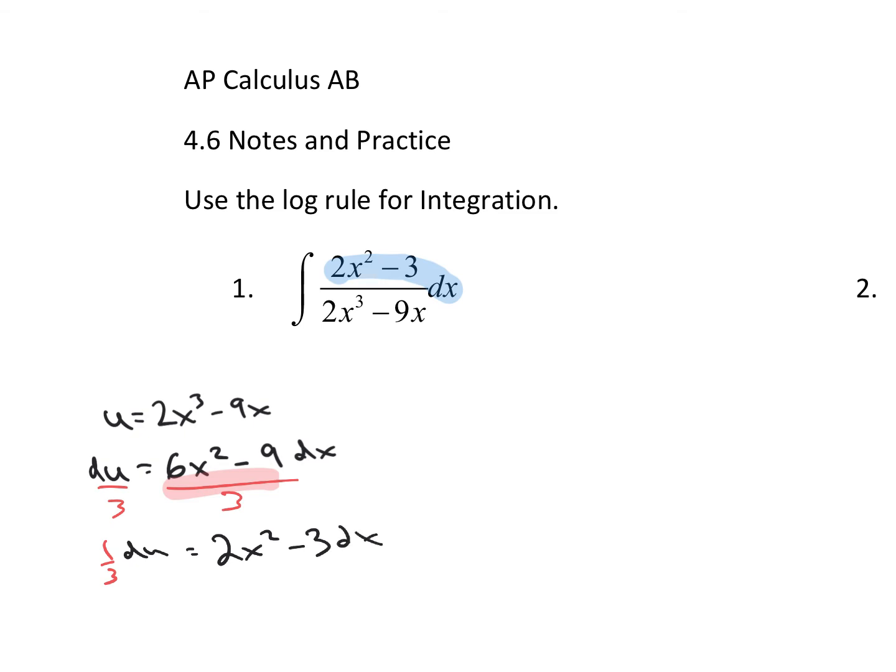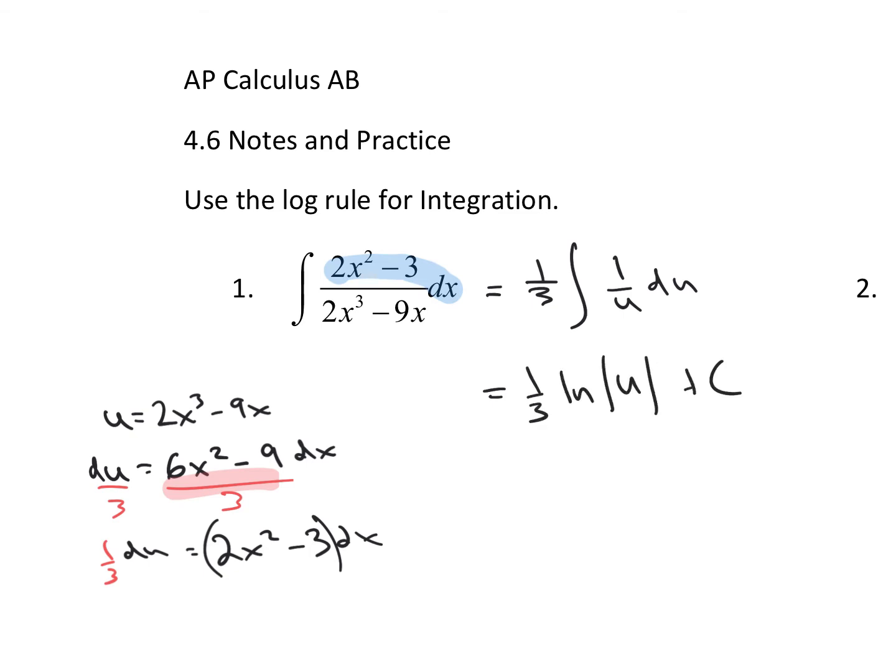So now I can make my u substitution. 1/3 is going to be in front, integral, and now it's 1 over u, and the 2x squared minus 3 dx is my du, along with the 1/3 that I already put in front. Well, this I know the answer to. 1/3 natural log absolute value of u plus c, and then I can plug my u back in. 1/3 natural log absolute value of 2x cubed minus 9x plus c.